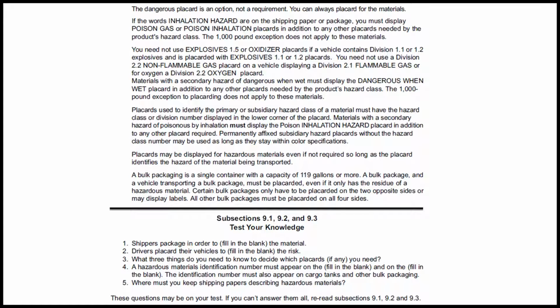A hazardous materials identification number must appear on the blank, and on the blank, the identification number must also appear on the cargo tanks and any other bulk packaging. Where must you keep the shipping papers describing hazardous materials? These questions may be on your test. If you cannot answer them all, reread sections 9.1, 9.2, and 9.3.